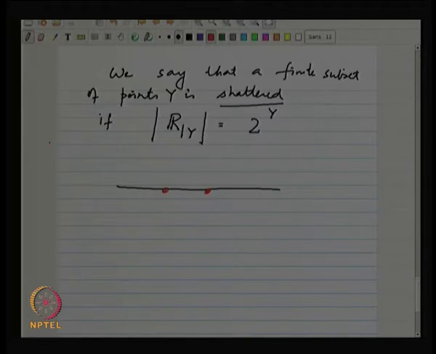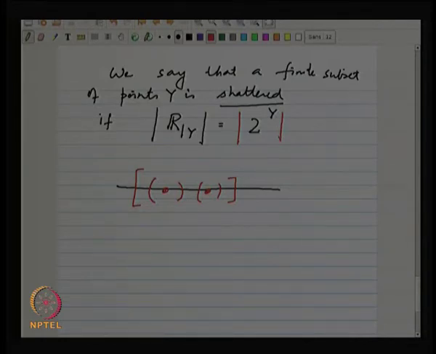I could have an interval containing this one, an interval containing that one, an interval containing both, and an interval not containing any of the points. So the ranges restricted to Y form the power set of Y.